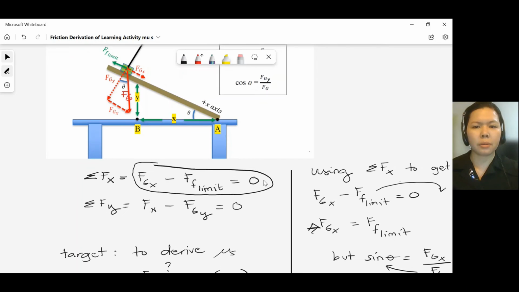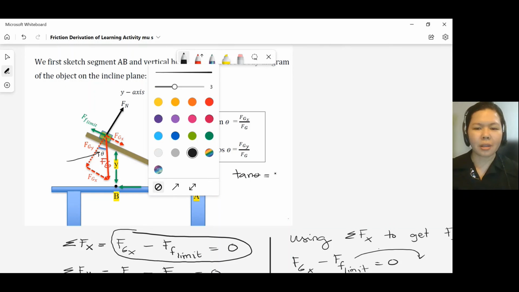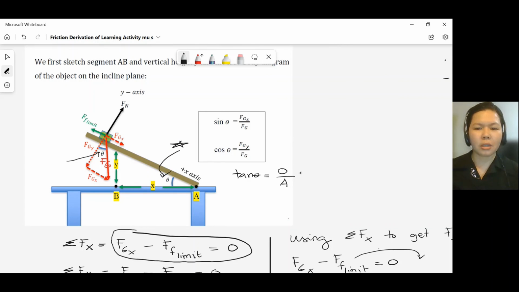Let's now look at our situation. Theta is here, and this is also theta, but now we focus on this theta under the incline. Tangent theta is equal to opposite side over adjacent side. That's our trigonometric identity.